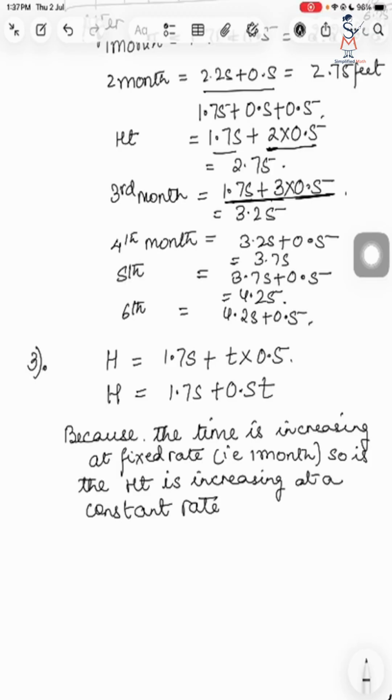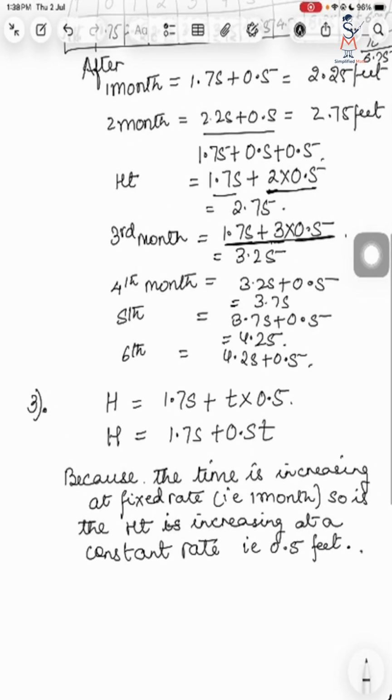So is the height increasing at a constant rate, that is 0.5 feet. So this is the reason why it is a linear equation or linear expression or linear growth.